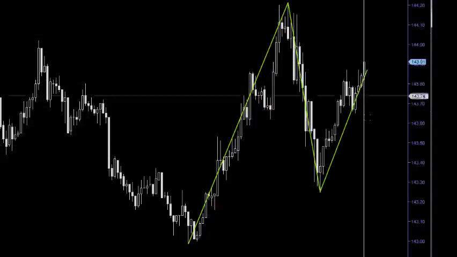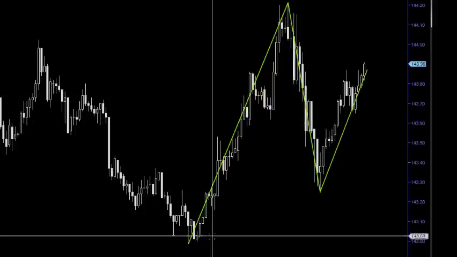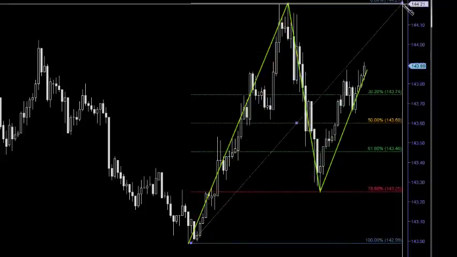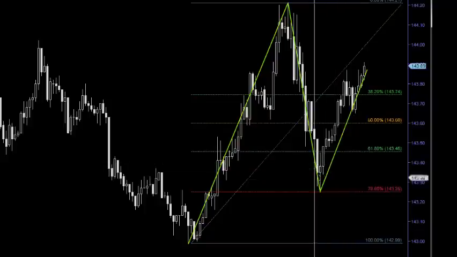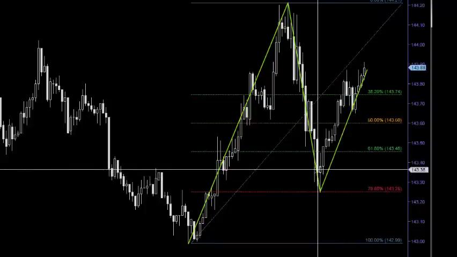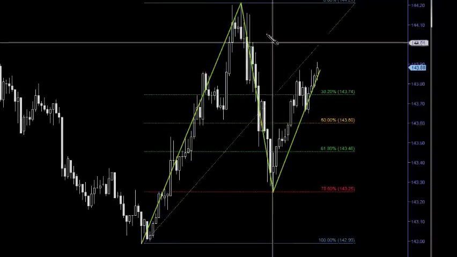We have two possibilities just looking off the bat: a retracement of this main swing right here, into the aggressive C buying position.